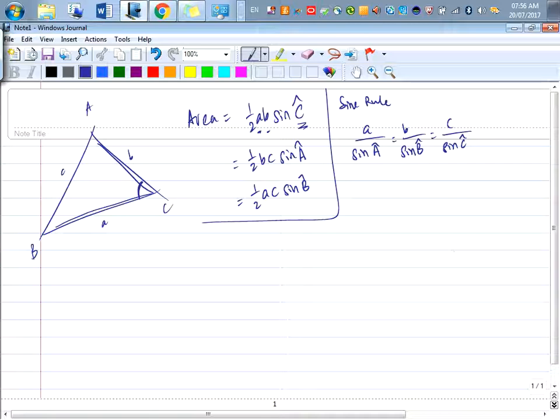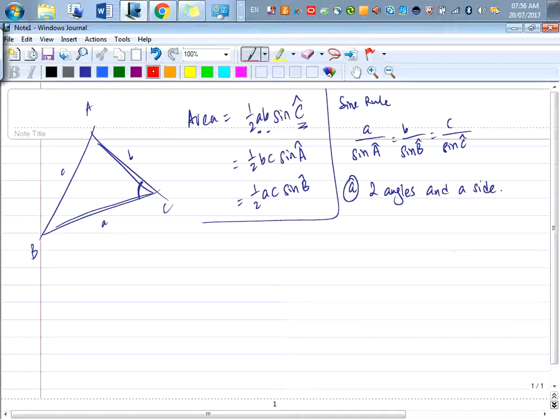Okay, and we said that there are two cases when we can use them, and they are listed inside your textbook page 74. So in part A, they say you can use this when you are given two angles and a side. So when a diagram gives you two angles plus one side, you know you can definitely use your sine rule.